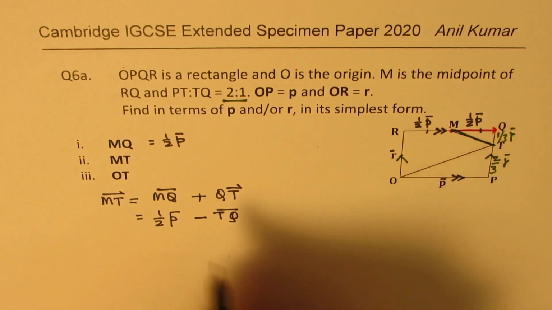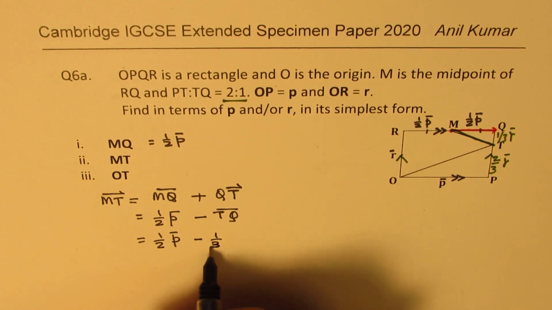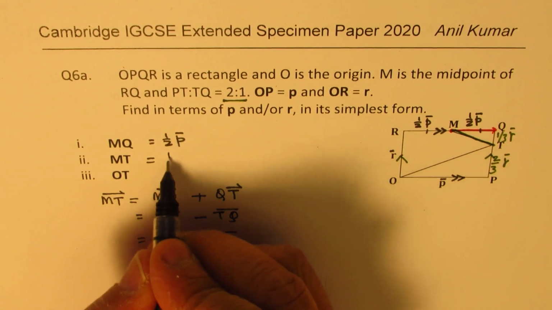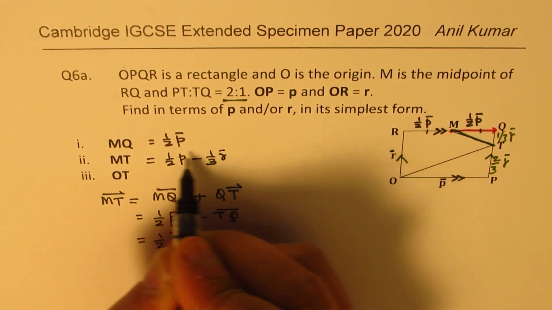TQ is 1/3 of r, so it is half of p minus 1/3 of the vector r. So that is what this is.